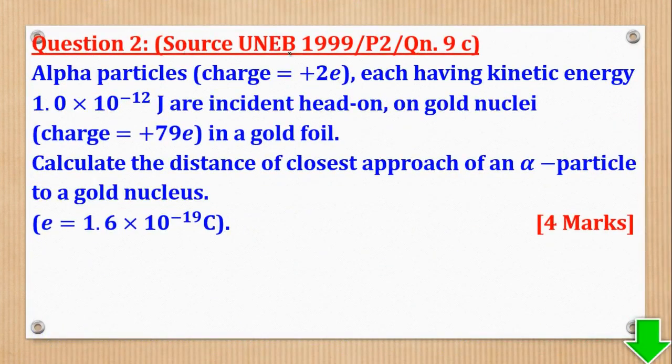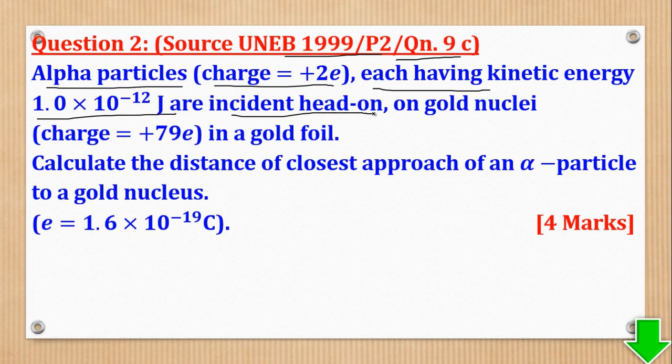Then question 2 came from UNEB 1999 paper 2 question 9c, and says alpha particles with charge this, each having kinetic energy this, are incident head-on on gold leaf nuclei of this in a gold foil. Calculate the distance of closest approach of an alpha particle to the gold nucleus, and they give you that E is equal to that.